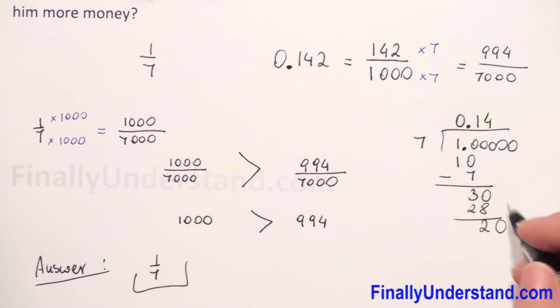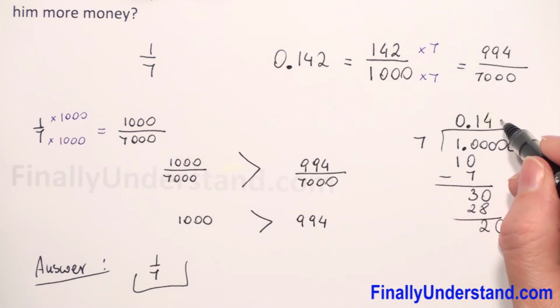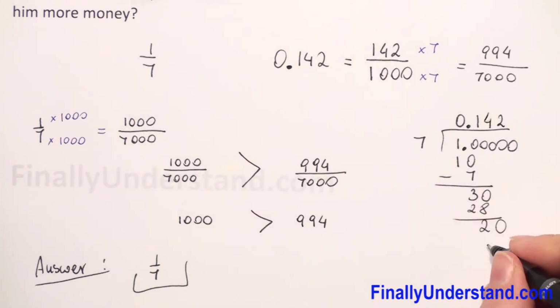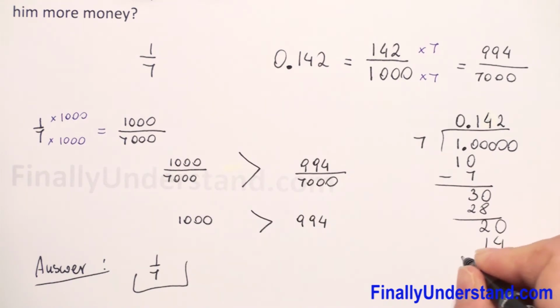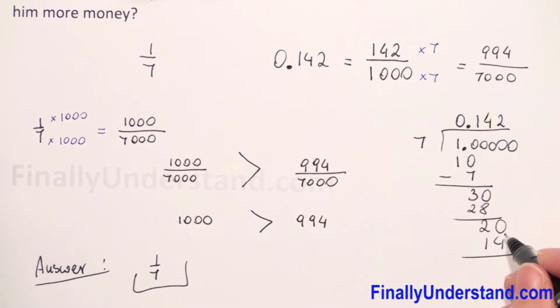So now 20 divided by 7 is 2. 2 times 7 is 14. So next, 20 minus 14 is 6. So again, we will take down the next 0.